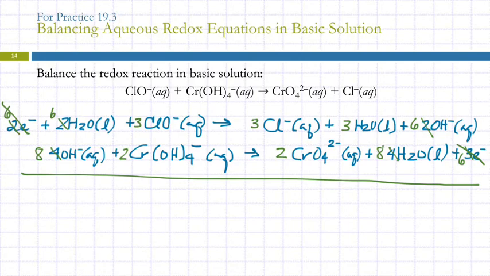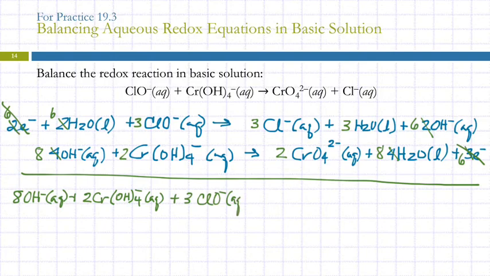Since they're all over the place, I'm just going to add them together and then deal with it. So we've got 8 hydroxides and 2 of those guys. And 3 hypochlorite ions.